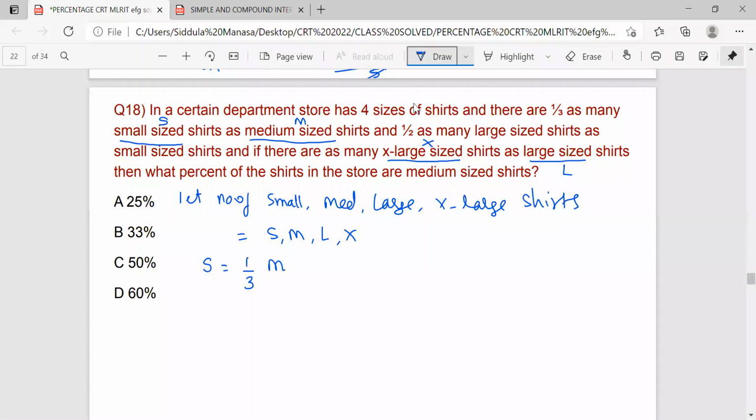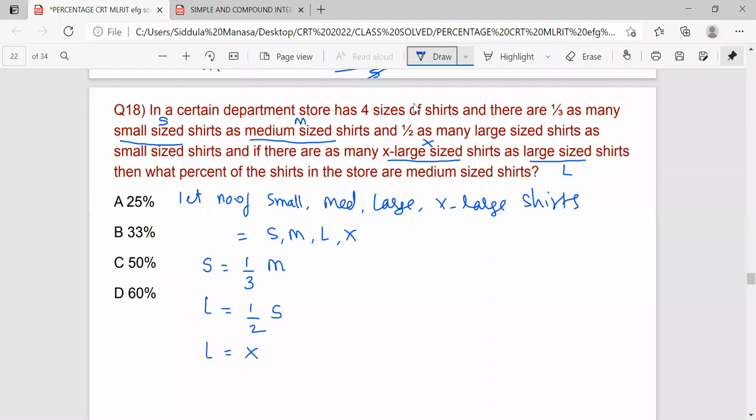This will be the first equation. Next, half as many large sized shirts as small sized shirts: large is half of small. This is the second equation. And there are as many extra large sized shirts as large sized shirts, means large equals extra large, X. So these are the three equations.